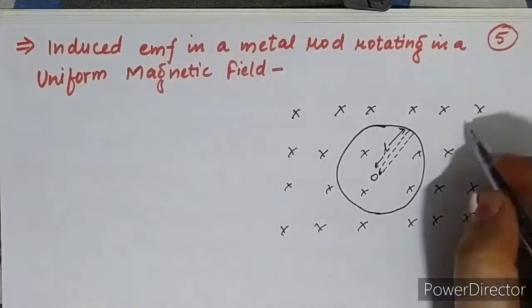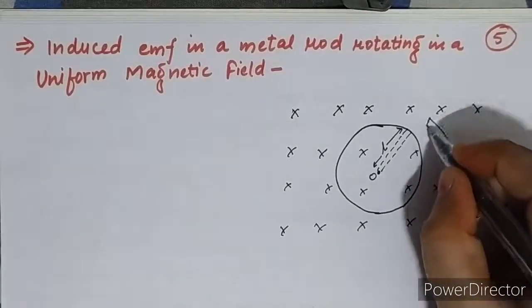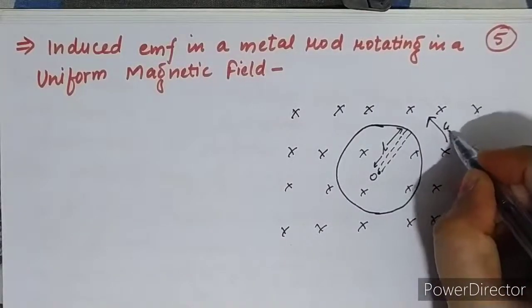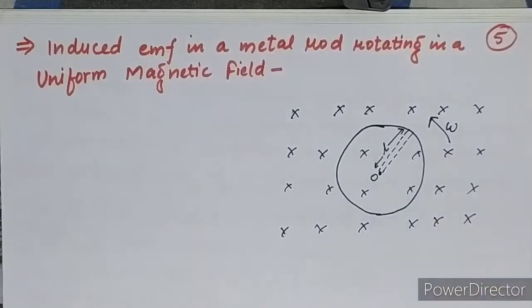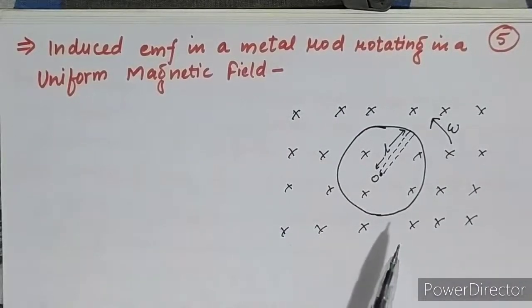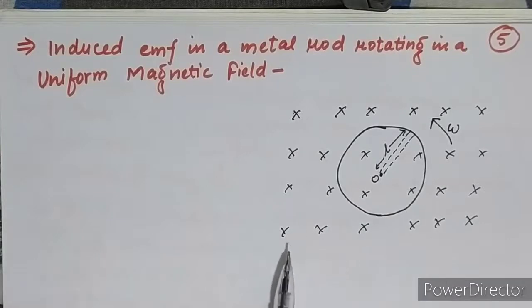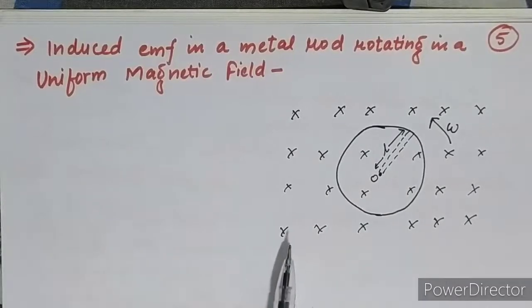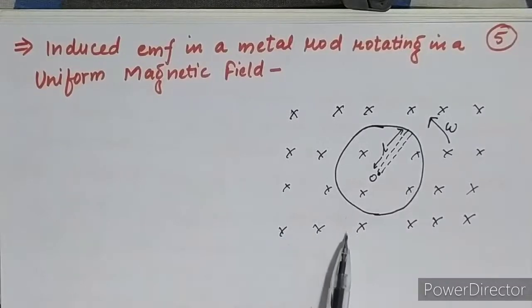Its angular velocity is omega. The uniform magnetic field is shown by the cross, which says that it is directed inward, perpendicular to the plane of the paper.